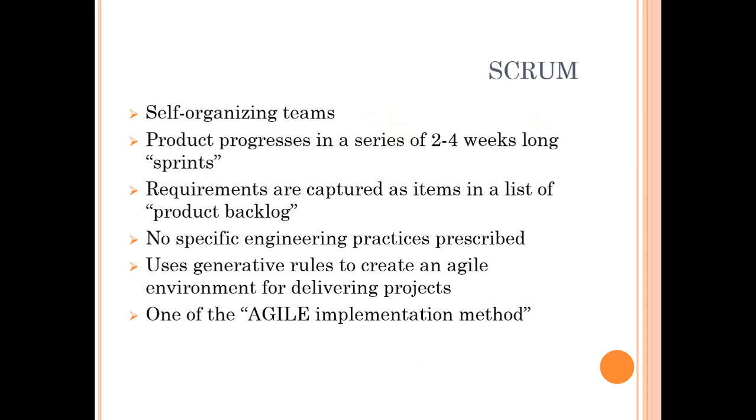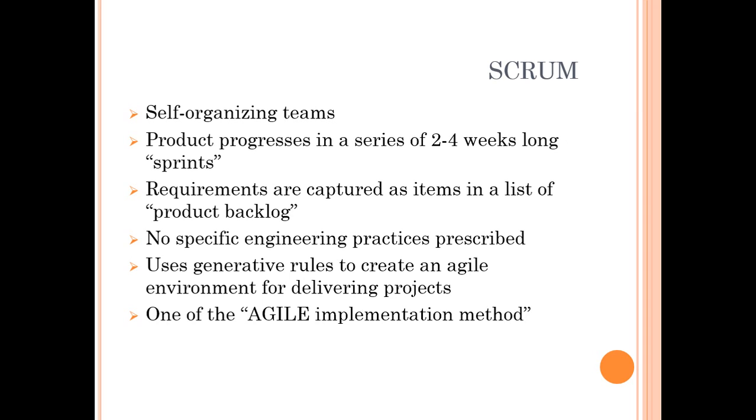Scrum is a self-organizing team. Basically, the team members in a Scrum are not governed by anybody. It does not mean that we don't have hierarchy, but the Scrum team itself is self-sufficient. They inspect and adapt. They learn through feedback loops. That's where the self-organizing teams come into play.